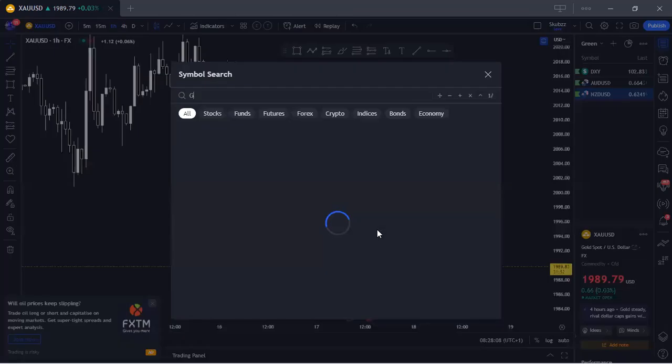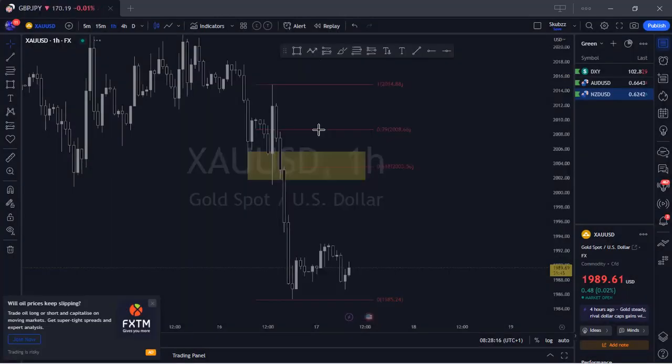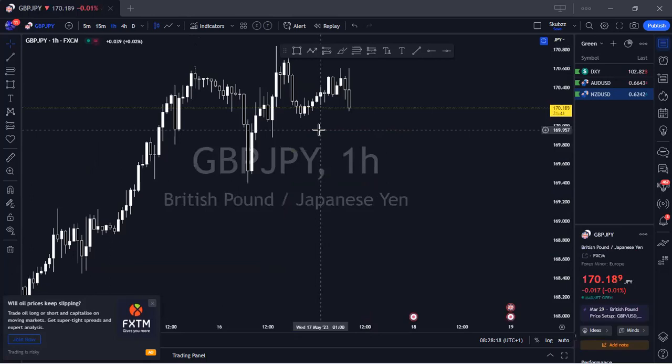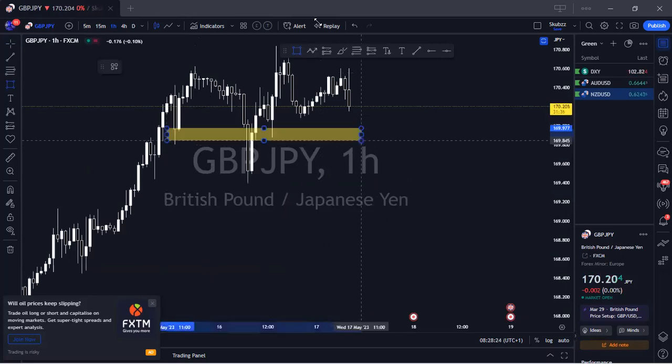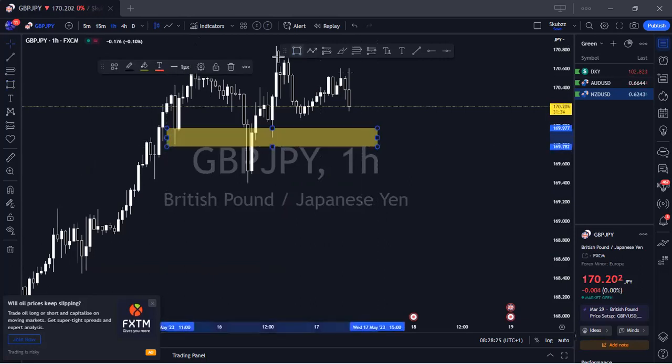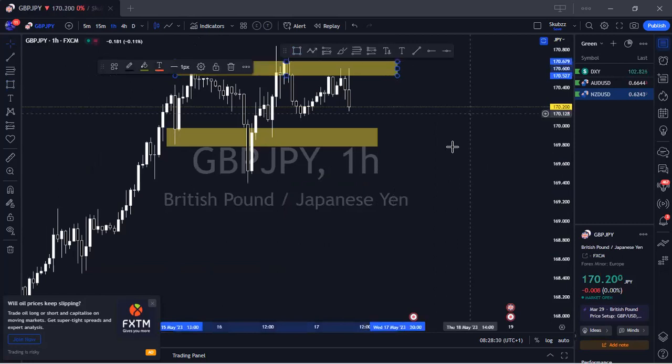Then GBPJPY. Up to now, this one has not decided what it wants to do. It's looking as if it's just inside this whole place here, not creating any clear highs and at the same time not creating any clear lows.